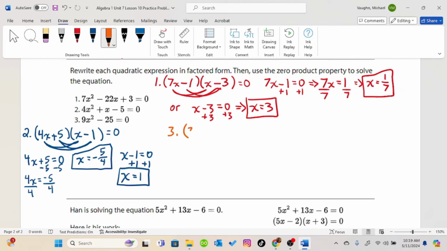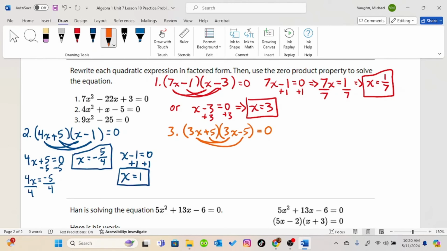So if we used 3x plus 5 times 3x minus 5, 3x times 3x would be 9x squared. 3x times negative 5 would be negative 15x.